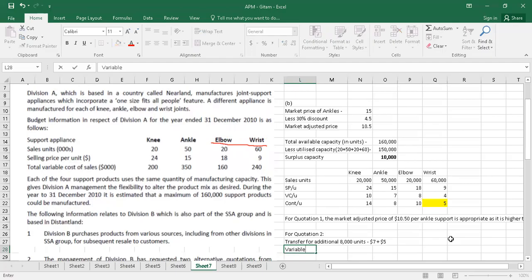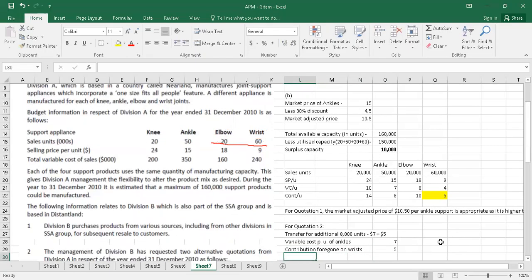Variable cost per unit of ankles, we see it is 7. Contribution foregone on wrist is 5. So what will their transfer price be? 12.